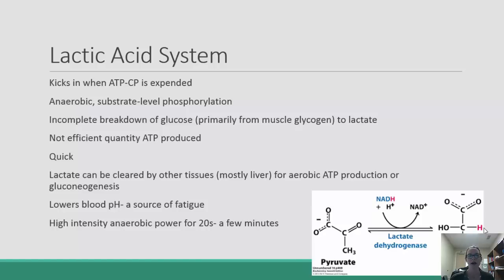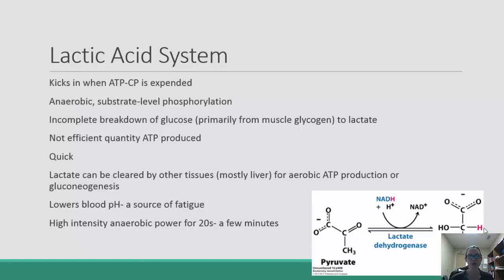And this occurs when we have the incomplete breakdown of glucose into lactate, because it can't go through the TCA cycle because we don't have enough oxygen. So this is really a great system to utilize if we don't have enough oxygen to produce ATP. However, in the grand scheme of things, it's really inefficient because we don't produce nearly as many ATP as we would if we did have the presence of oxygen.